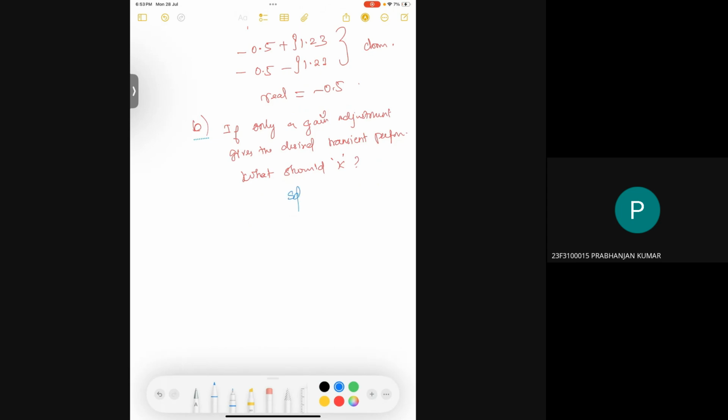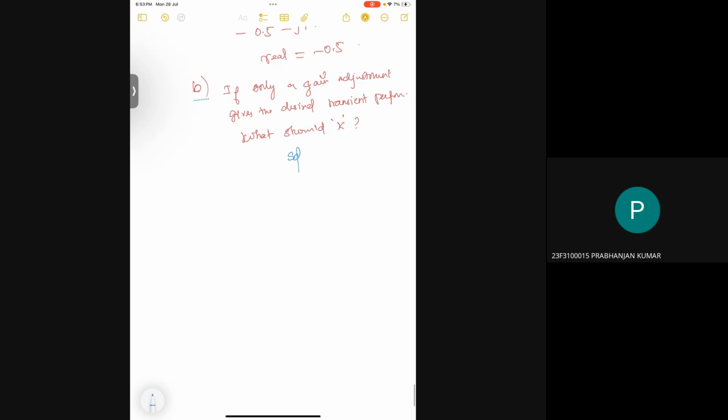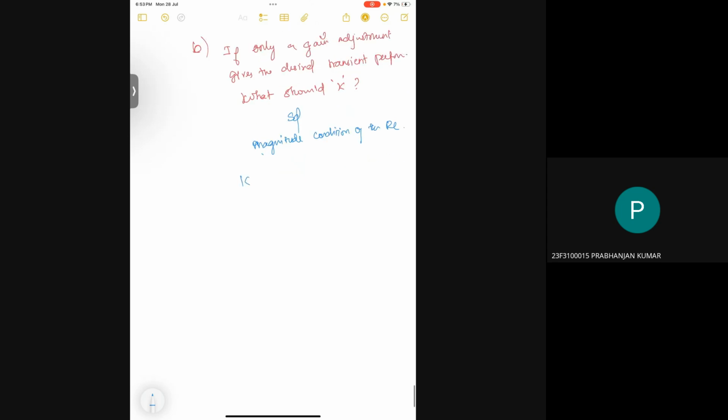You found the dominant poles here, right? You just have to make sure that the poles lie in the dominant pole location so that you will get the desired transient performance. So we are going to use the magnitude criterion of the root locus. So what is the magnitude condition? When you have Gc and G, you will multiply them, right?